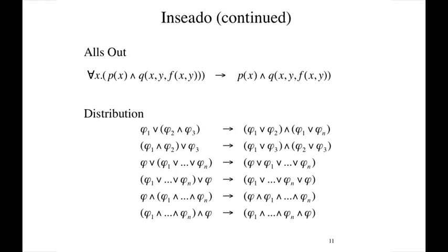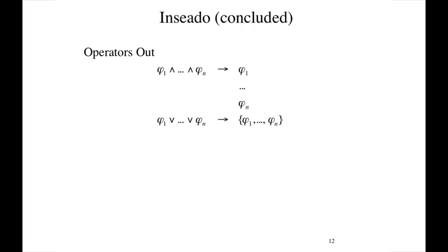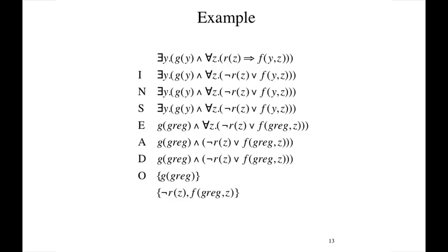It's accomplished by repeated use of the distribution rules listed here, same as in propositional logic. And in the seventh and final step, operators out, we eliminate operators by separating any conjunctions into its conjuncts and writing each disjunction as a separate clause. Okay, that's it for the general procedure.